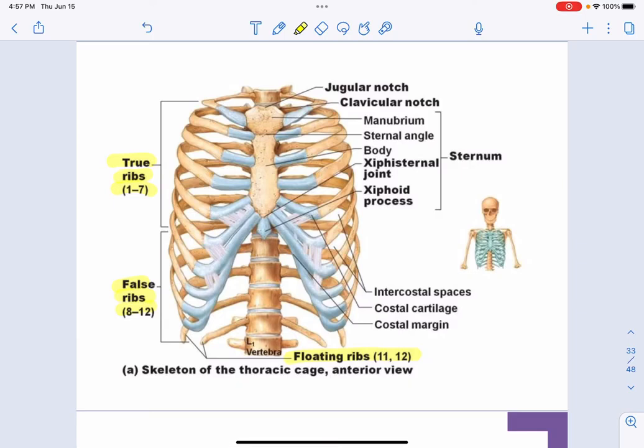So the first 7 ribs, and you can count them, are considered true ribs because they have direct connection to the sternum. So here's 1, 2, 3, 4, 5, 6, and 7. They all have hyaline cartilage that runs directly toward the sternum.